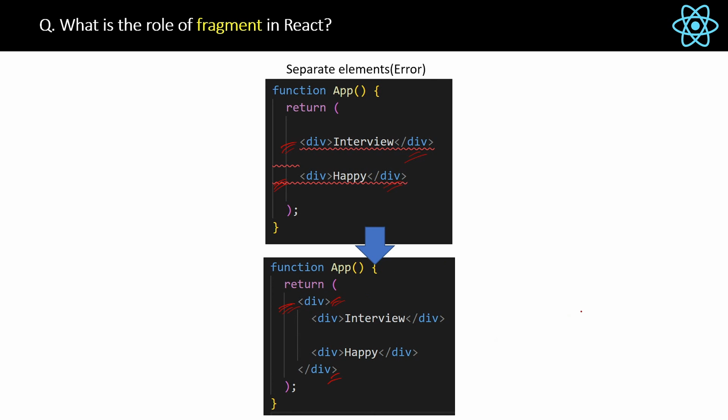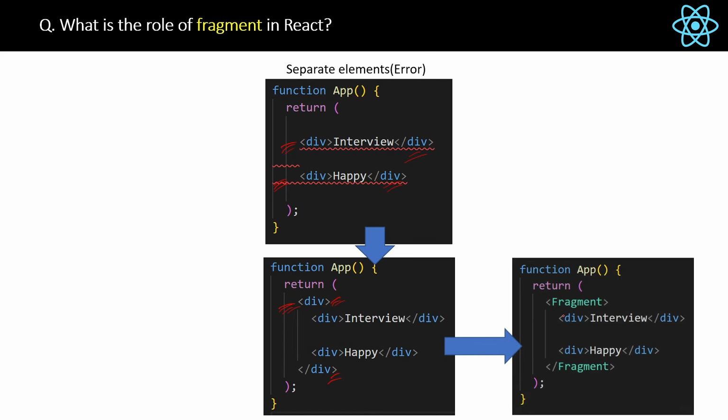So the proper solution is to put the fragment tags like this over the child elements. This fragment tag will not create any extra div or any extra tag in the browser. While rendering in the browser, this fragment tag will automatically disappear. It's just a placeholder, nothing else. And it is not showing the error also. So your problem is resolved, right?